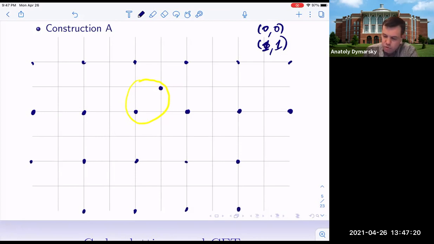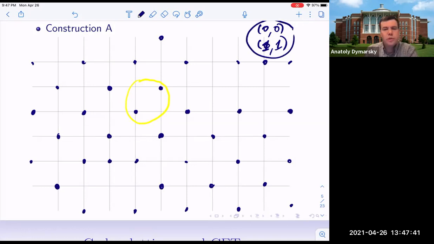That's the image of this point, and then this other point will also give me a lot of additional points with a step 2. So this lattice is a lattice associated with this code.